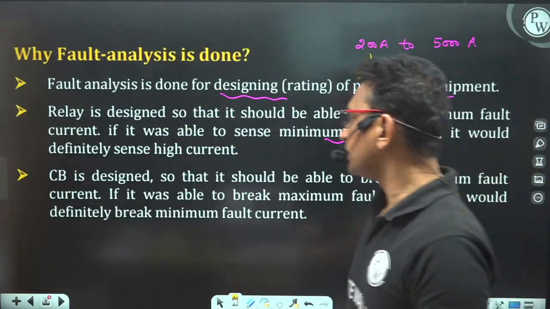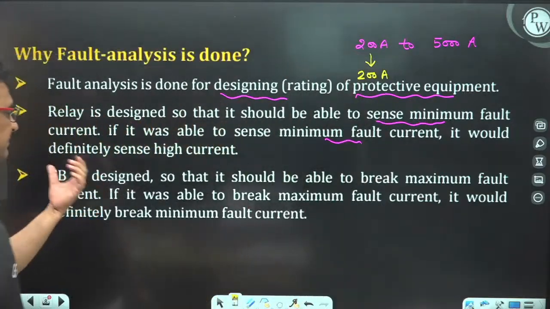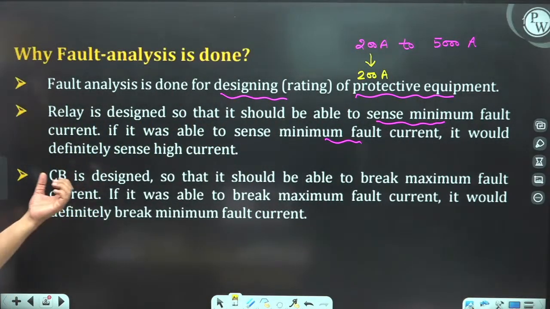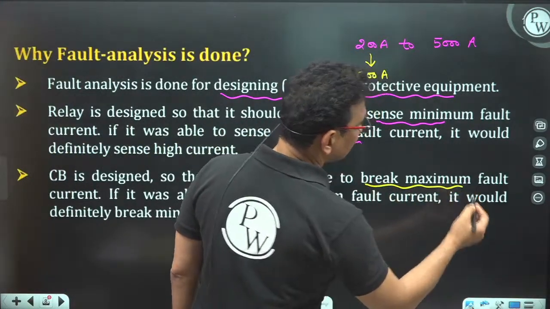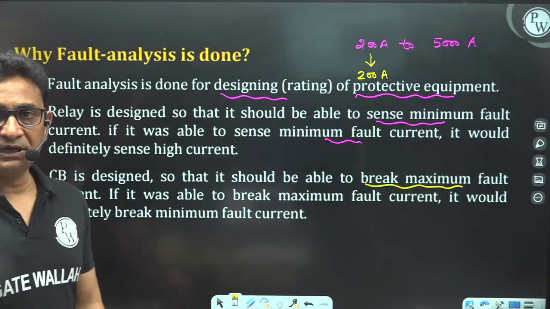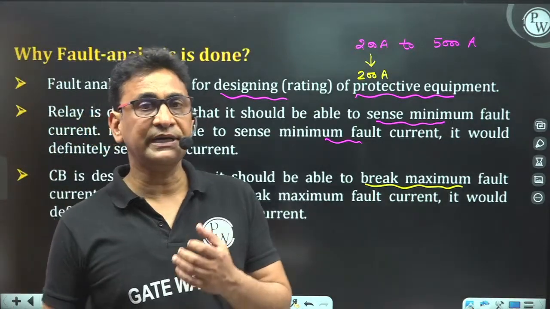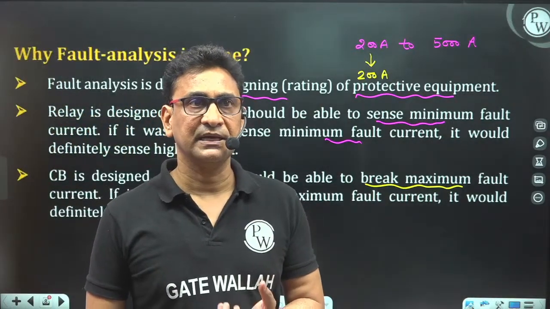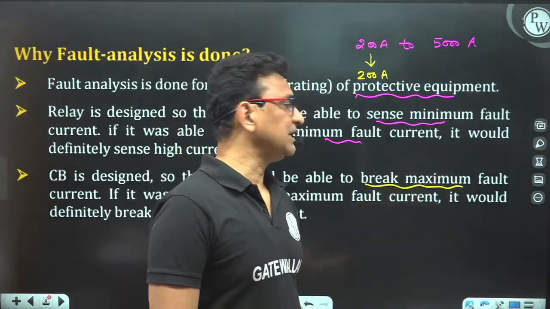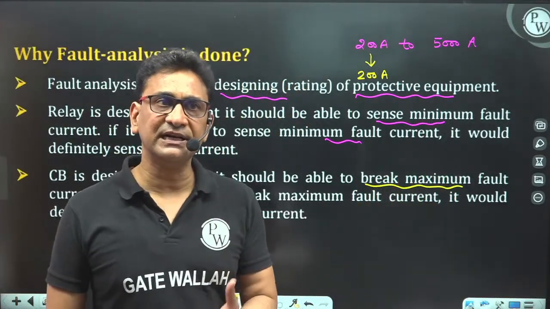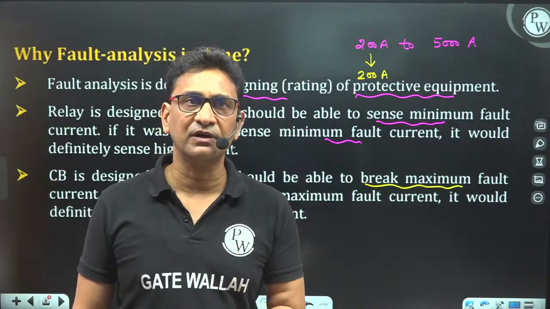Now, the rating of a circuit breaker is the opposite. The rating of the circuit breaker should be such that it is able to break the maximum value of the fault current. Because if the contacts of the circuit breaker are able to separate for the maximum value of fault current, it will definitely break the minimum value of fault current.